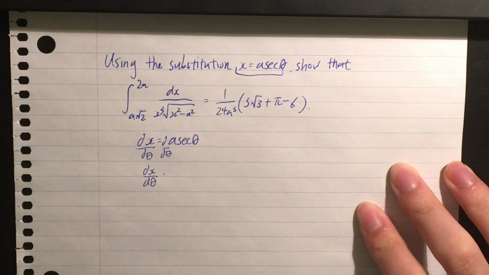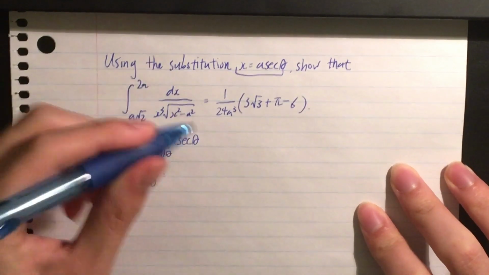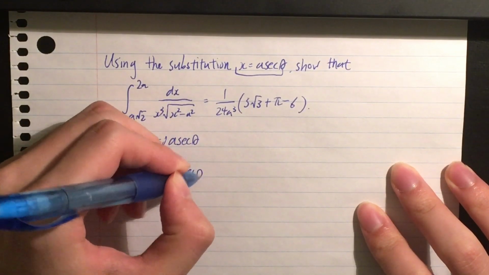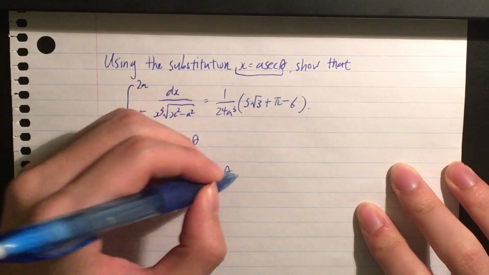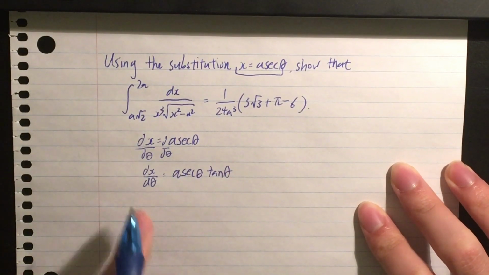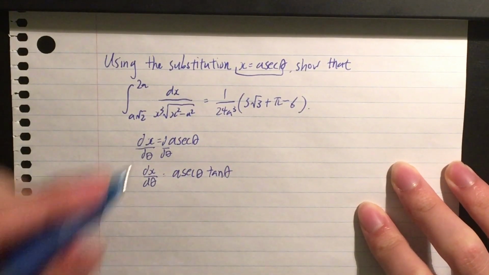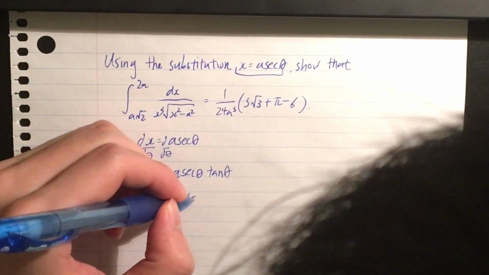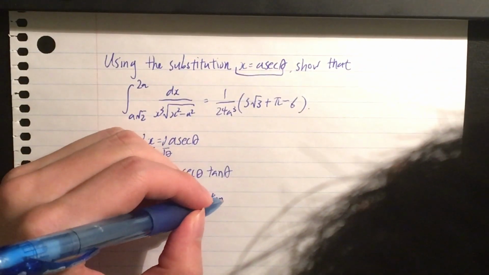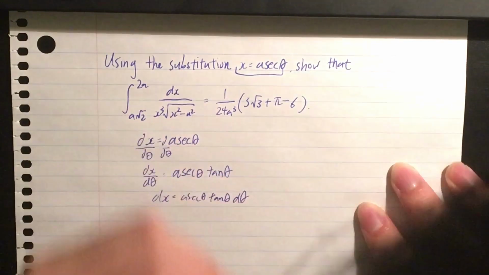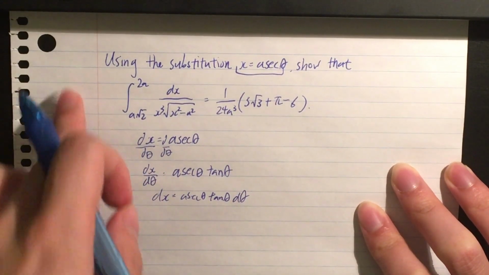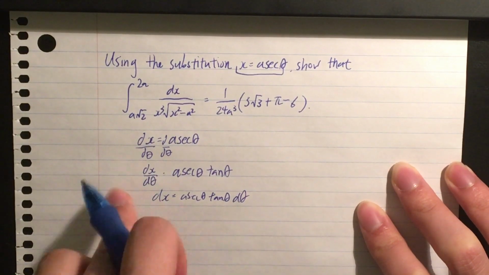I will provide a link in the description. This turns out to be a secant theta tangent theta, and so therefore the dx, and right there we just transformed this integral into the world of d theta instead of dx.